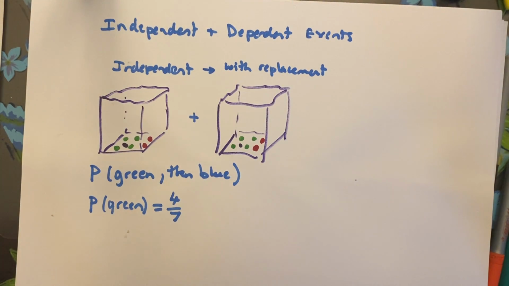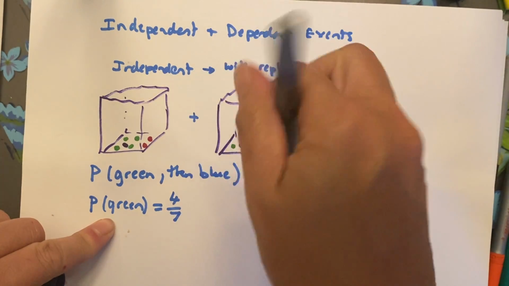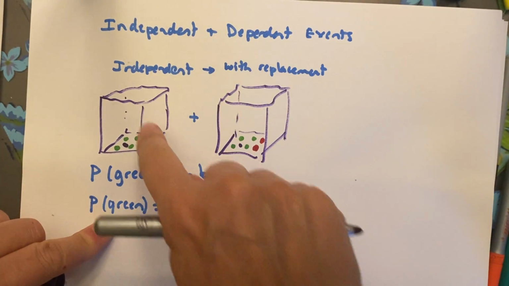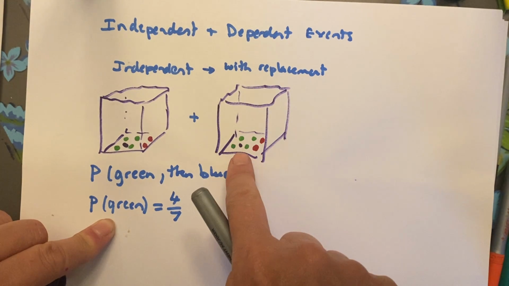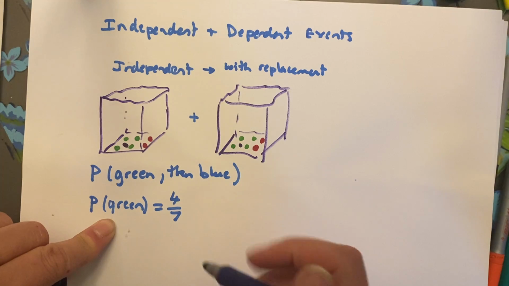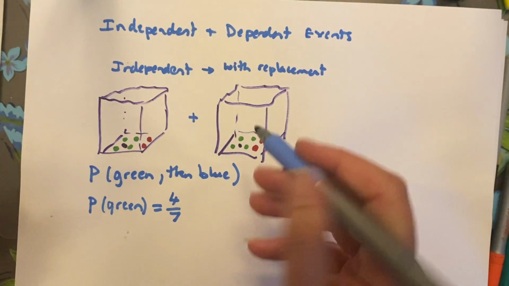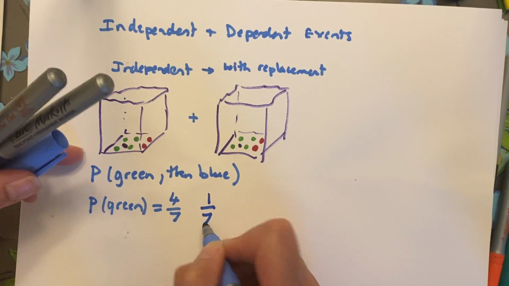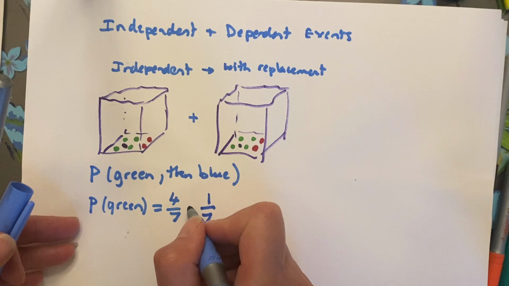So my chances of picking green the first time, I have 4 greens, so 4 chances out of 7, right? And the second time, I have 1 chance out of 7 to pick, right? But what is different about this is that these are multiplied.